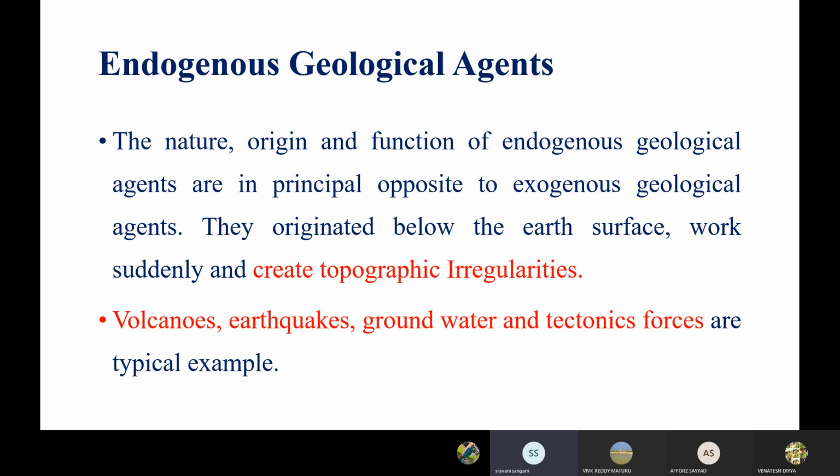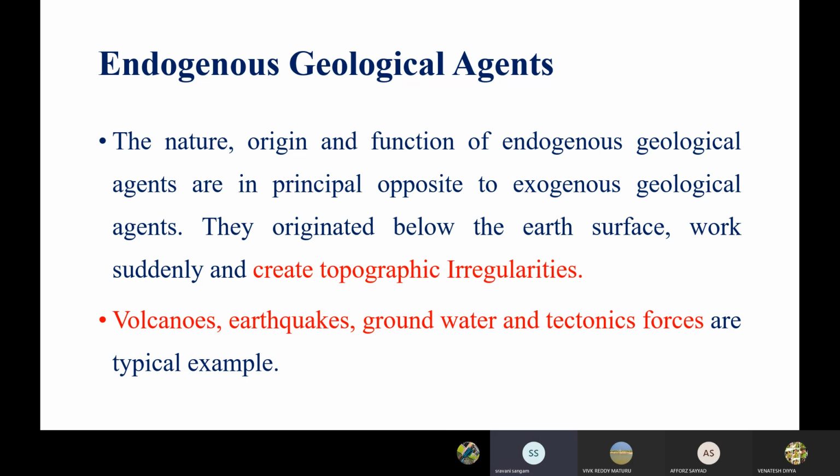So these are the geological agents. What are the types of geological agents? The first one is exogenous and the second one is endogenous. Exogenous geological agents occur on the Earth's surface, and erosion takes place slowly and steadily.